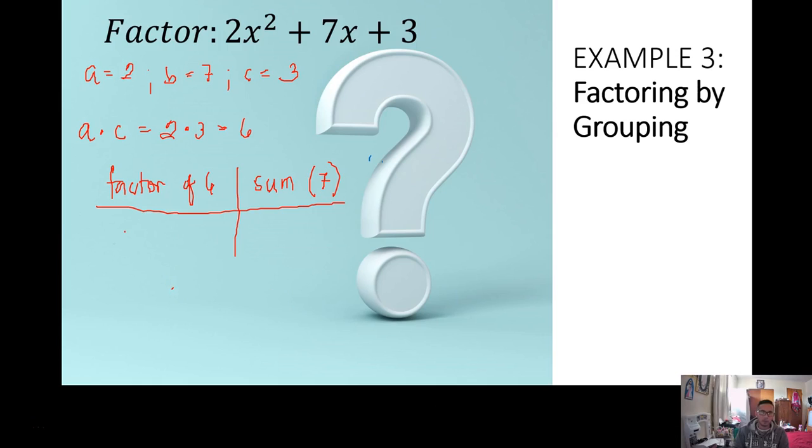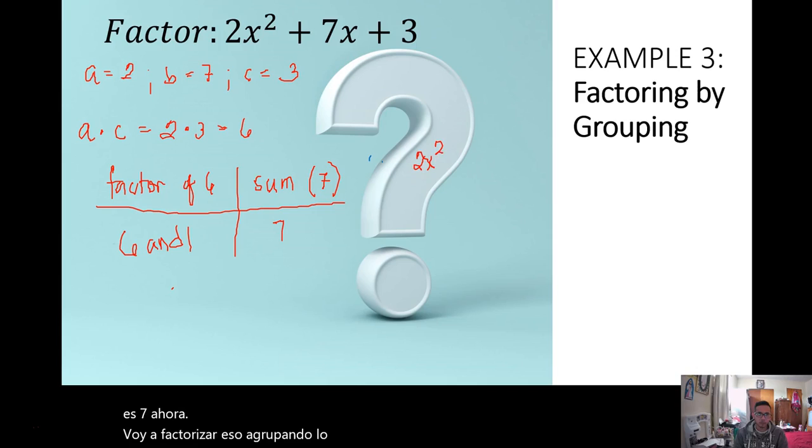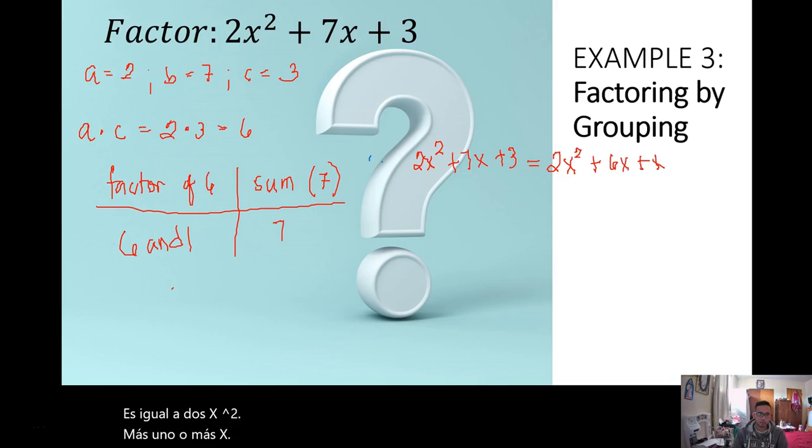If your answer is 6 and 1, you are right. 6 and 1, because if I add, 6 plus 1 is 7, and 6 times 1 is 6. Now, I'm going to factor that by grouping. We have 2x squared plus 7x plus 3 is equal now to 2x squared plus 6x plus x, I'll just rewrite that again, plus x.